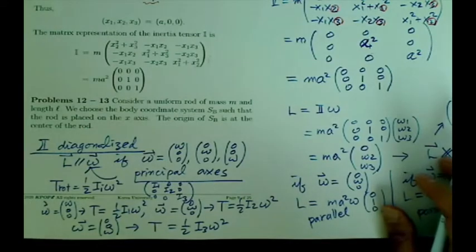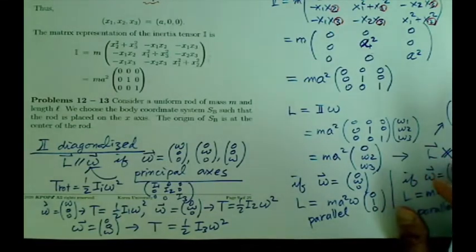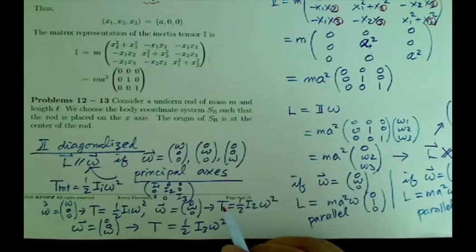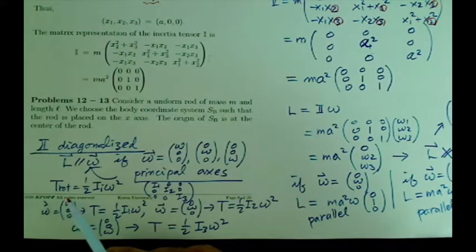Finding the principal axes in a general coordinate system is therefore quite important. As long as we have found the principal axes, the total kinetic energy can be written in a simple form: the principal value of the inertia tensor multiplied by omega squared.